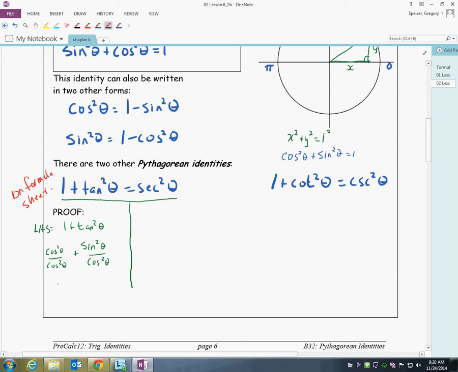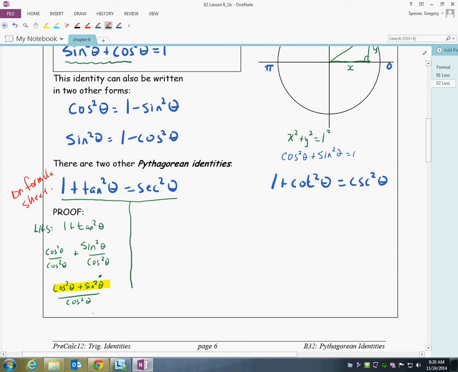So I'll have cos squared theta plus sine squared theta, all over cos squared theta. Alright, so looking at this numerator, hopefully we'll see, hey, that looks like something that we just did. It's in a different order, but still it's going to be equal to 1.